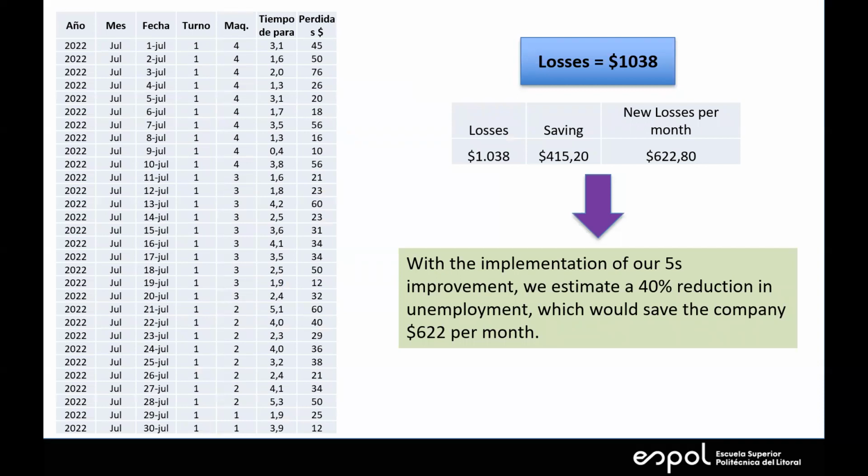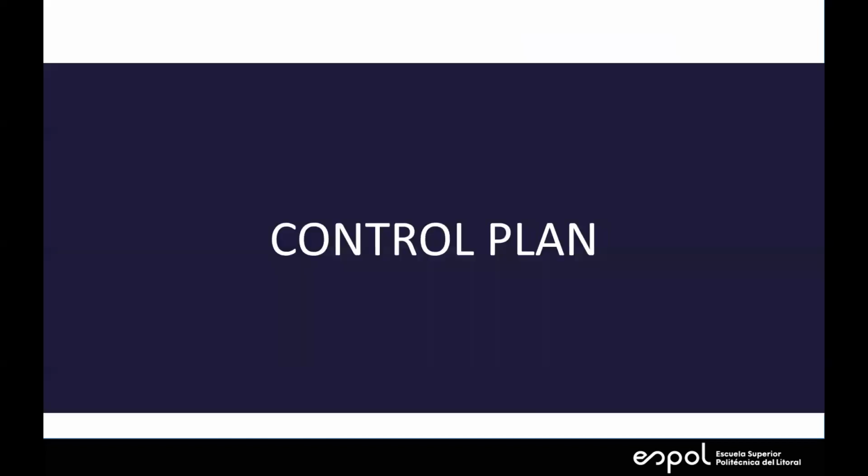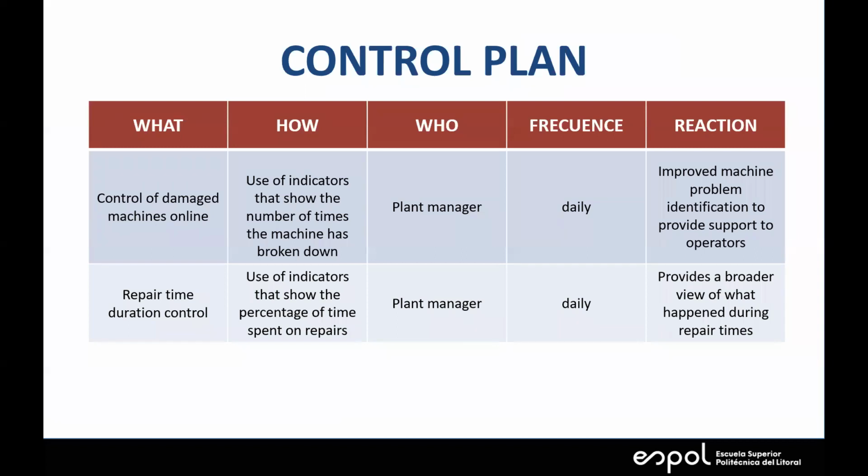Now we had a saving of $450.12, and the new loss per month is $622.80. With the implementation of our 5S improvement, we estimate a 40% reduction in unemployment, which would save the company $60 per month.